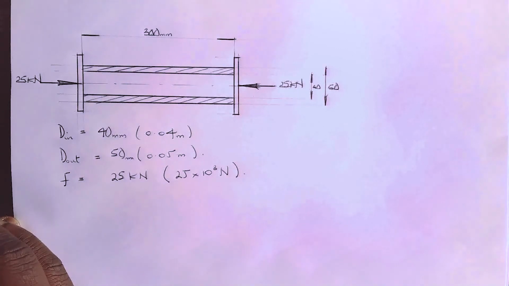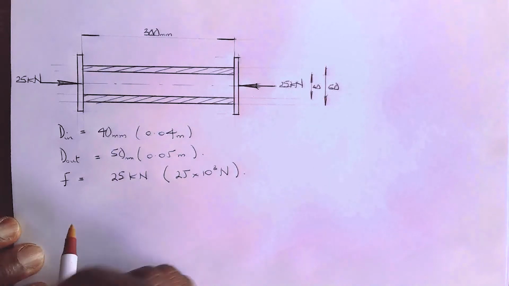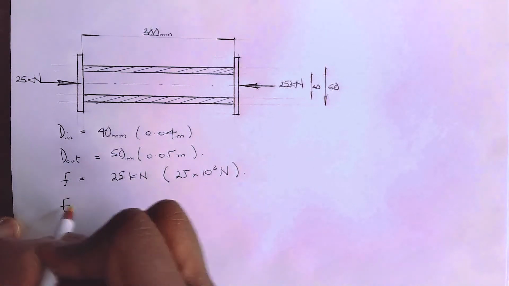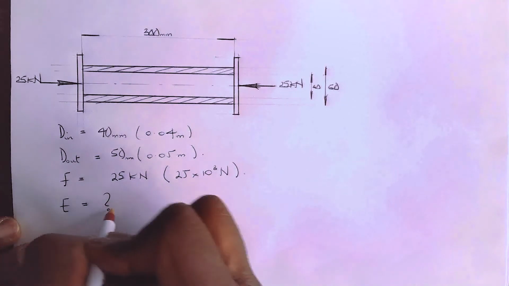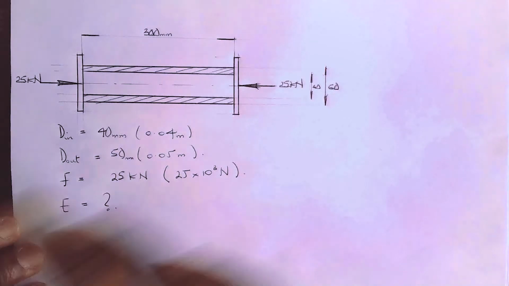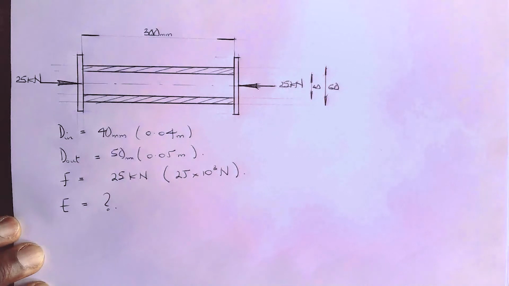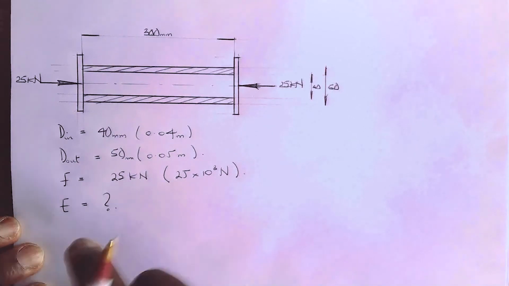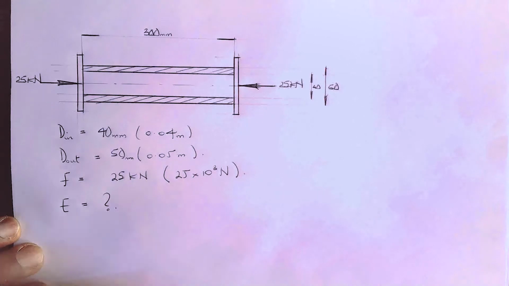We need to know something about the material, and that information hasn't been provided, so that's what we need to work out. So what is the Young's modulus for the given material? Now we know that the material is brass, so I think what we can do afterwards is to look at the material database and see if the value that we get is equivalent or falls within that range for brass.